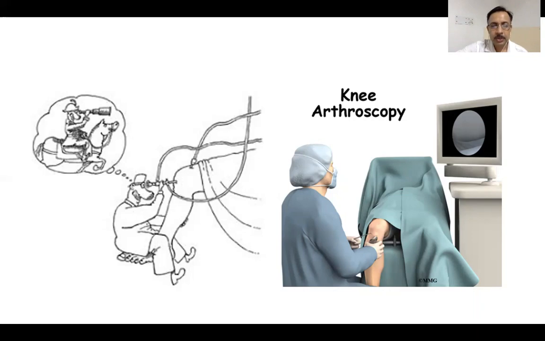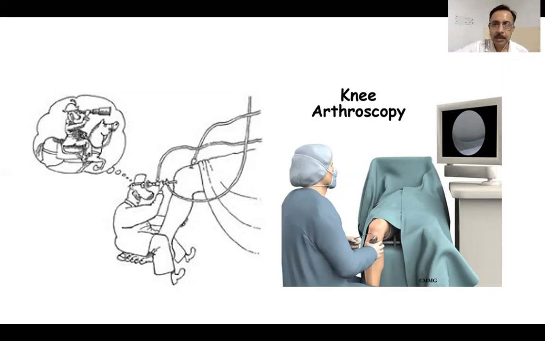Things really started to look up somewhere in the 1970s with the development of cold light and also monitors. Now when you can perform surgeries looking at the monitors, your hands were free to perform the different techniques and procedures. That's how knee arthroscopy really took off around the 1970s and 1980s.